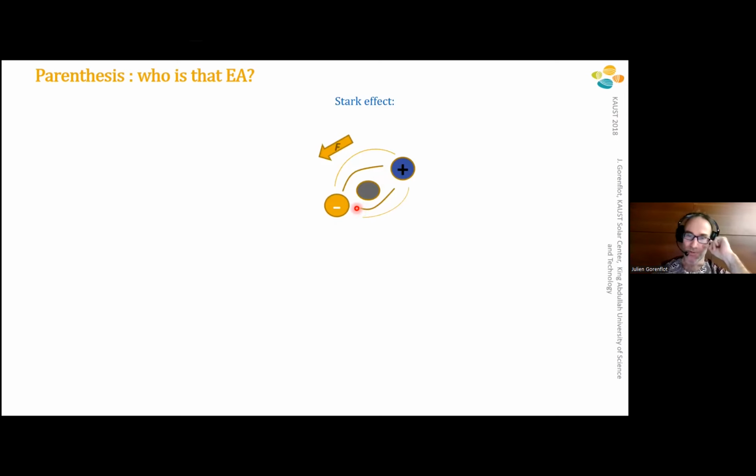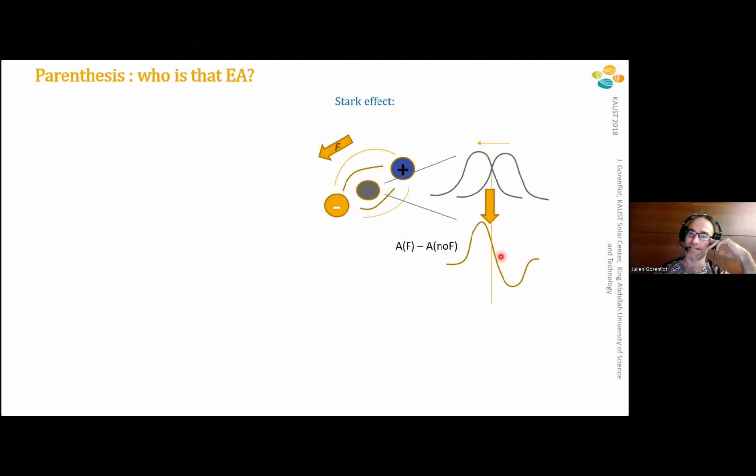What happens due to this electric field is that the absorption spectrum of this neutral non-excited molecule is shifted. And if you take the difference between its absorption with and without this field, which is equivalent to with and without the excitation, you obtain something which has this kind of spectral shape.